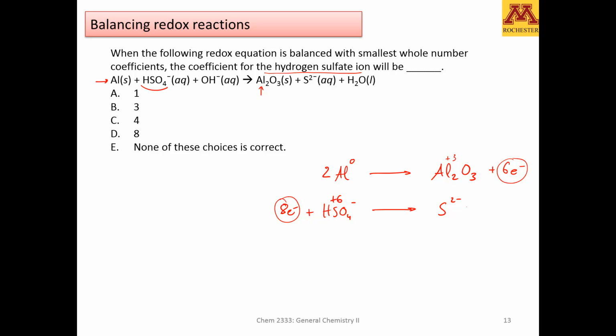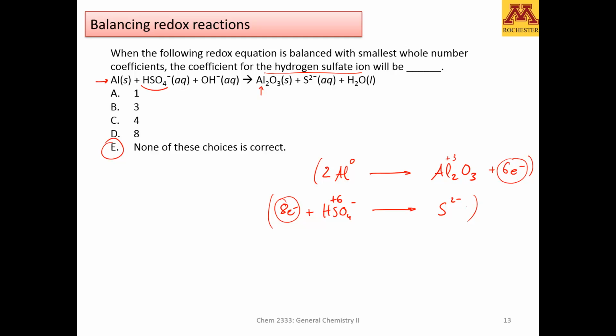Typically you may want just to multiply them, 6 times 8, but it's none of these. To balance these 2 reactions, you will need to multiply these 2 factors by the least common multiple, but definitely it's not going to be 8 or lower than 8. So the actual solution is none of this.